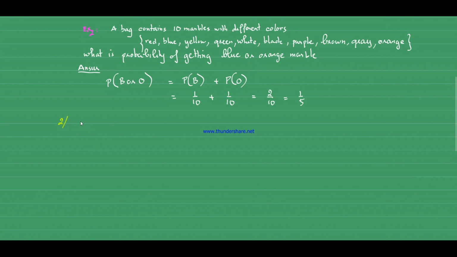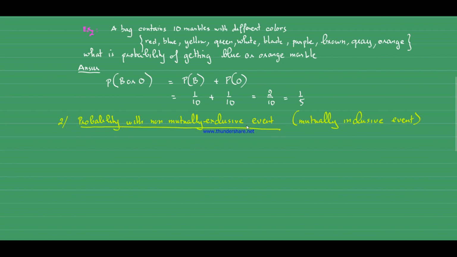Probability with mutually inclusive, or you can say non-mutually exclusive event, or you can say mutually inclusive event. It's the same thing. So it means that in these two events, they have something in common.